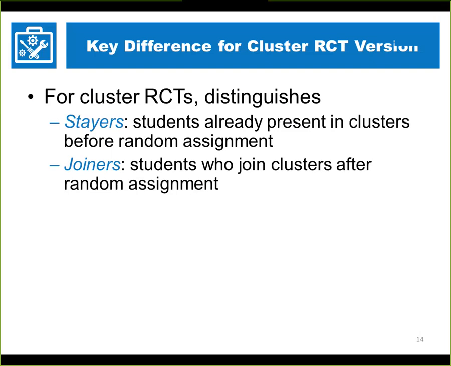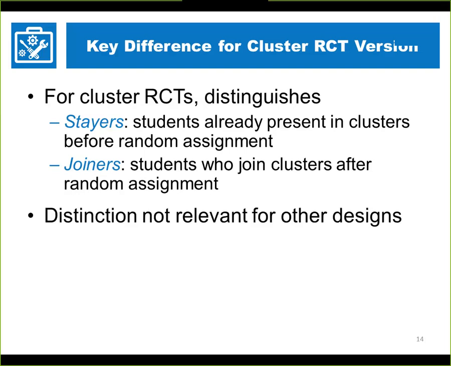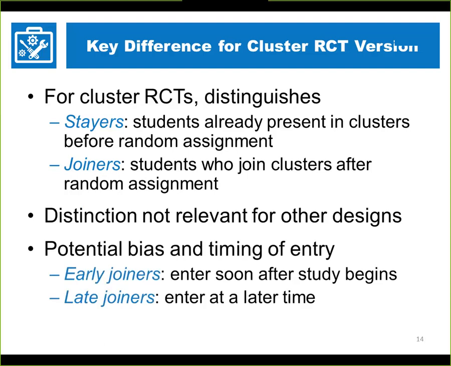This distinction between stayers and joiners is not relevant or applicable for designs other than cluster RCTs. Therefore, the distinction does not appear on the general version of the tool, only on the cluster RCT version of the tool. And finally, the potential for bias from entering individuals may be affected by how long after random assignment students join clusters.